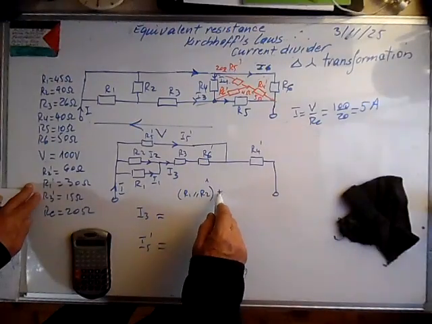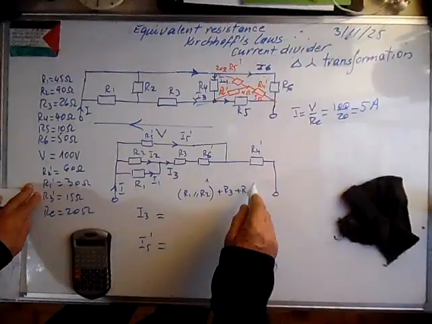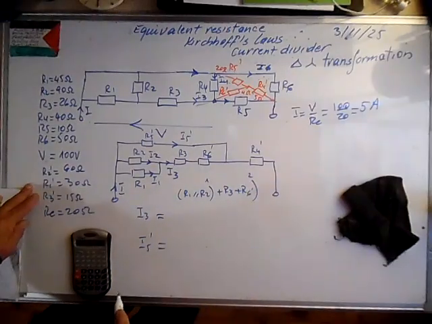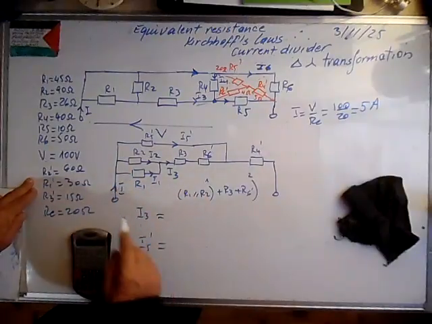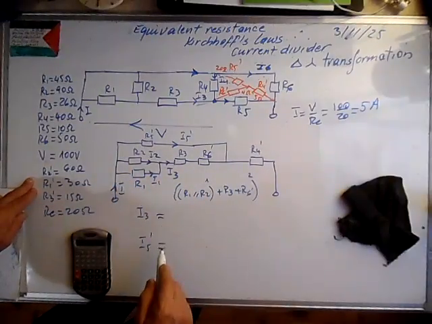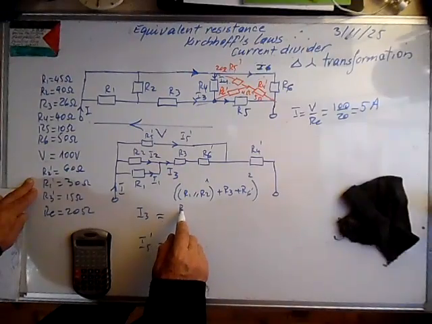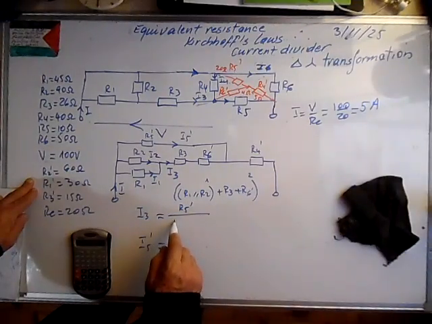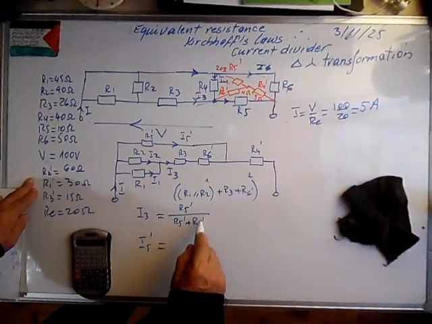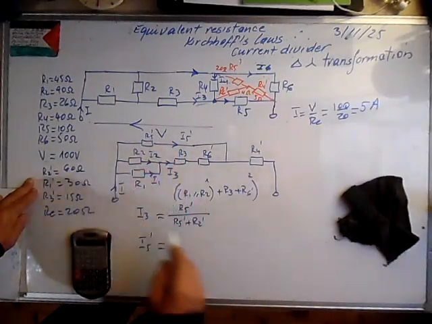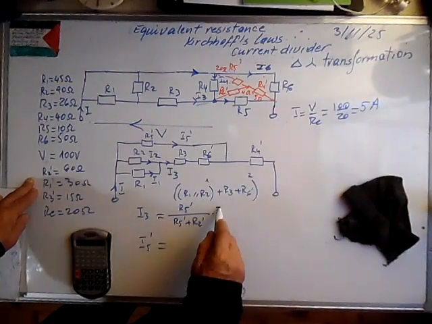This is the first step plus R3 plus R6 prime. This is the second step. So this is R2 prime. We can say that I3 is R5 prime over R5 prime plus R2 prime, since these are in parallel, times the main current, which is I.